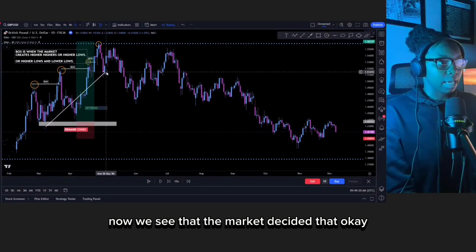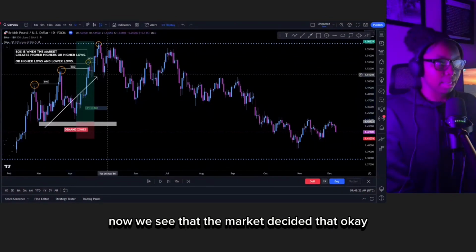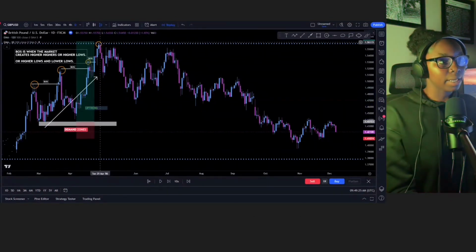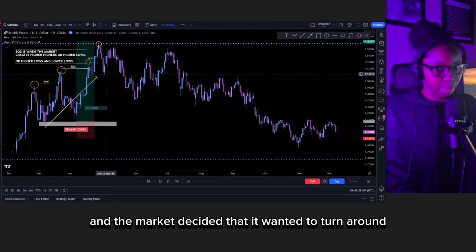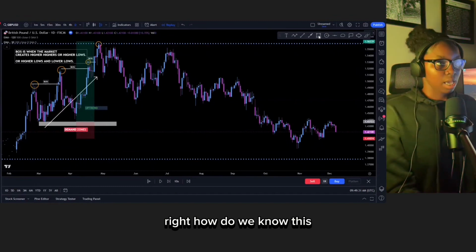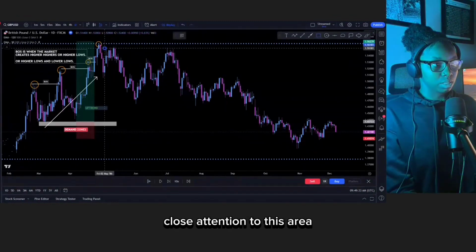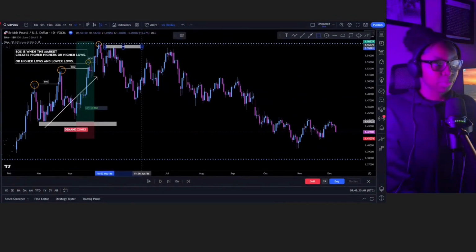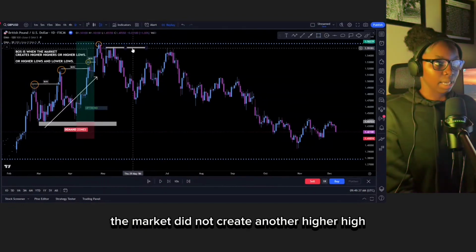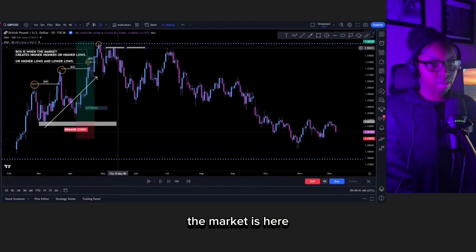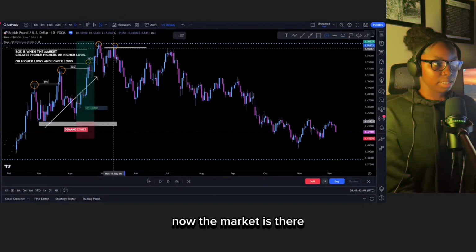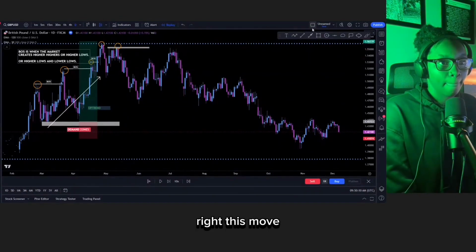Now we see that the market decided, okay, we made our higher high, and the market decided that it wanted to turn around, right? How do we know this? If we pay close attention to this area, the market did not create another higher high. The market is here, now the market is there, right?